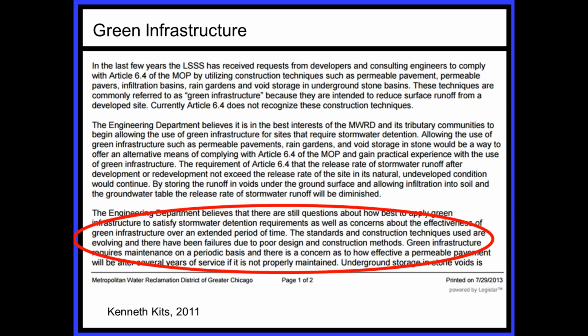So finally, in this particular publication, they talk about some of the things that need to be monitored. Green infrastructure in the Midwest is fairly new as far as a best management practice for stormwater management.